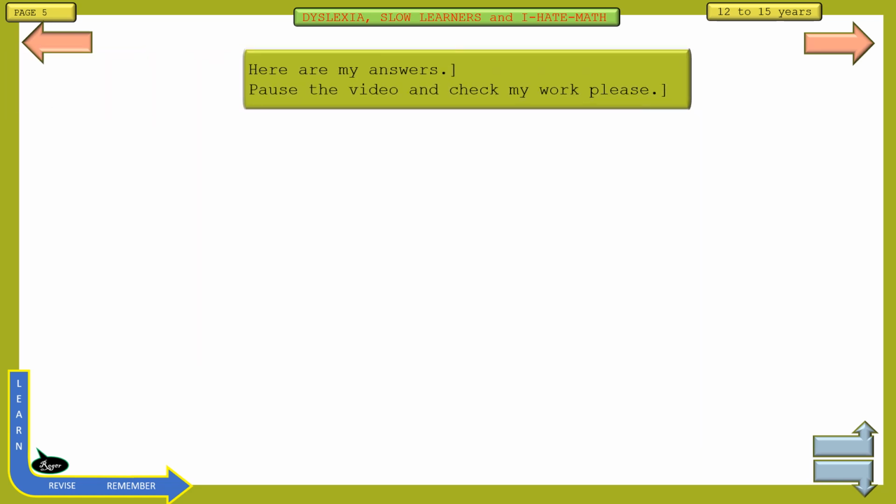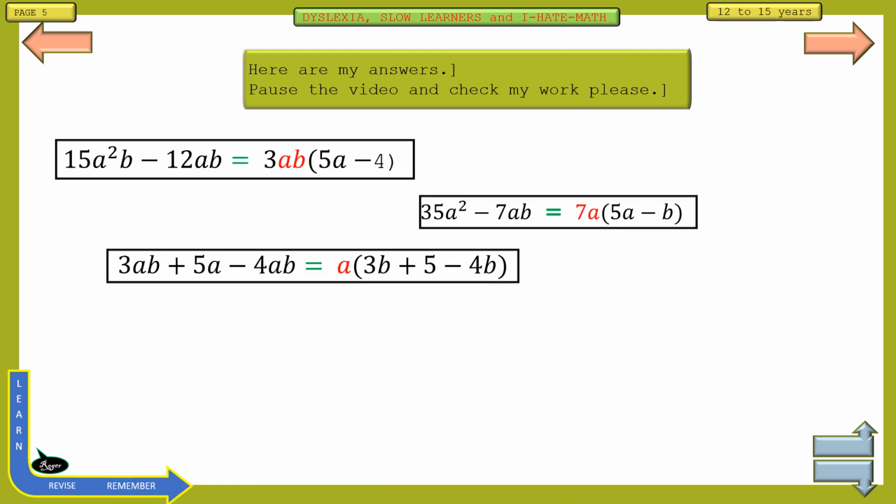Here are my answers. Pause the video and check my work, please. You can double check these answers. 3ab times 5a gives you 15a squared b, and 3ab times minus 4 gives you 12ab.